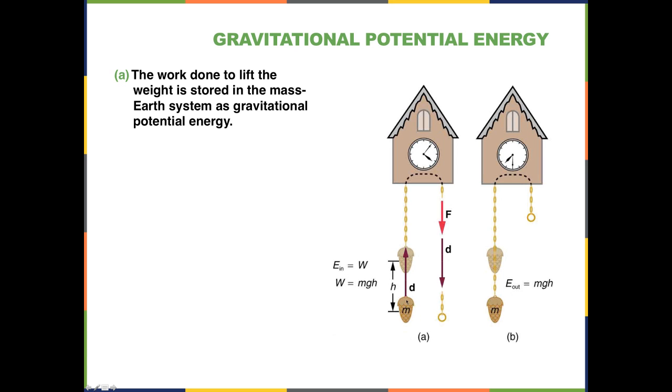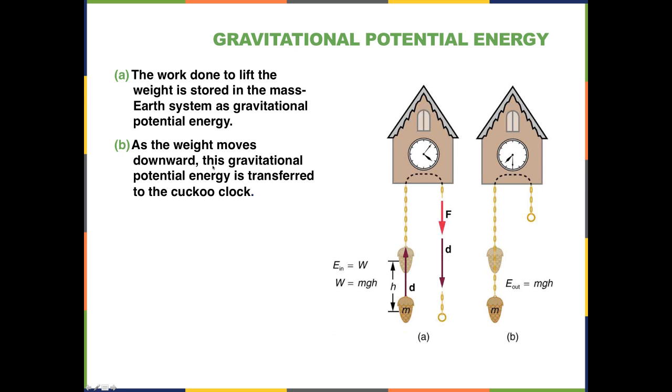So the work performed by lifting this mass, this distance, using this force times this distance, is stored in what's known as gravitational potential energy. And so that's the work that's done here. And this formula right here represents the gravitational potential energy. Work equals mass times gravity times the difference in height.